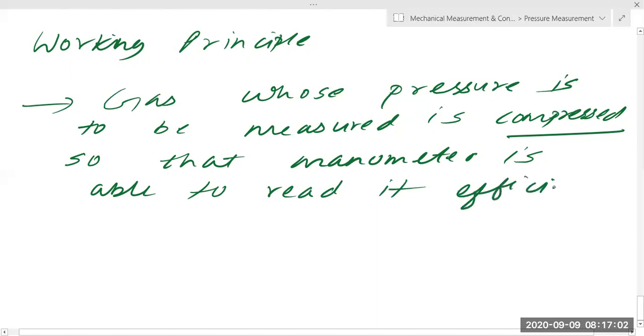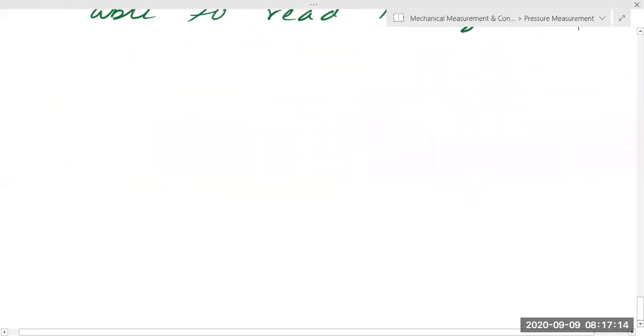Now if I want to list some advantages and disadvantages, I'll do that also. If you can remember the working principle: the gas whose pressure is to be measured is compressed in such a way that the manometer is able to read the height column efficiently. Now, what are the advantages and disadvantages?